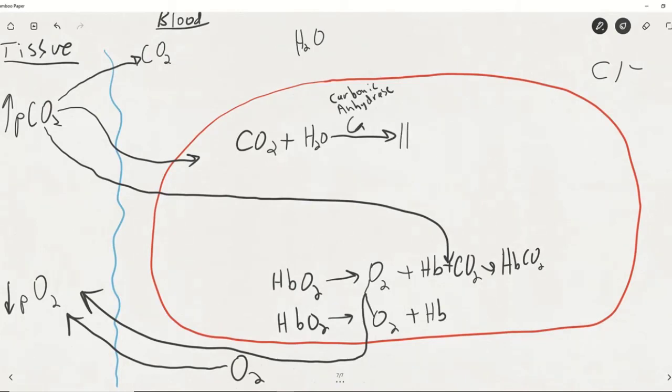together to make H2CO3, carbonic acid. Now, there's a lot of different definitions for acids.